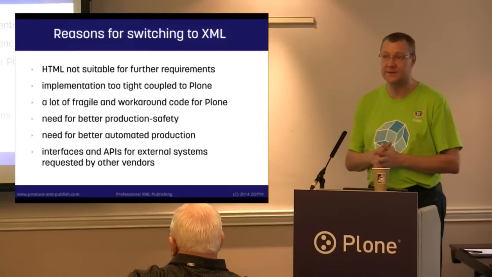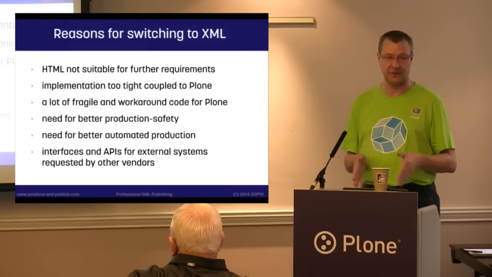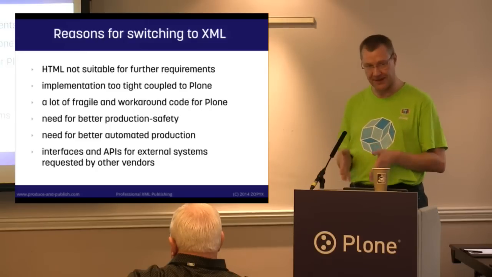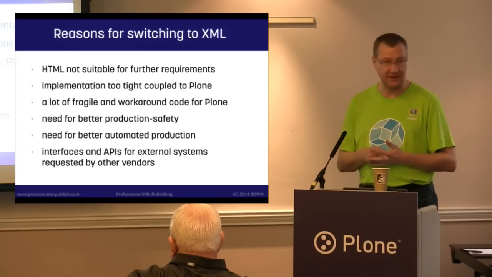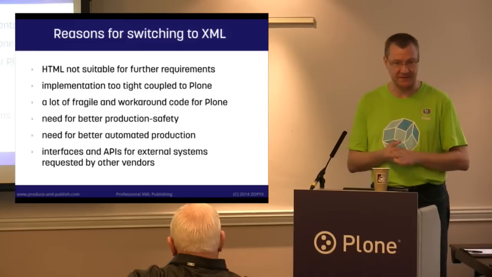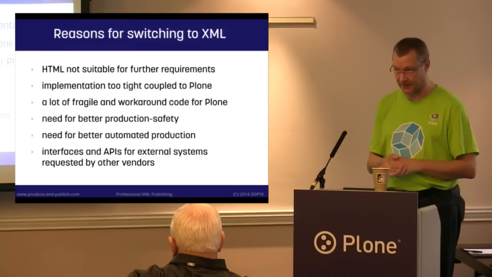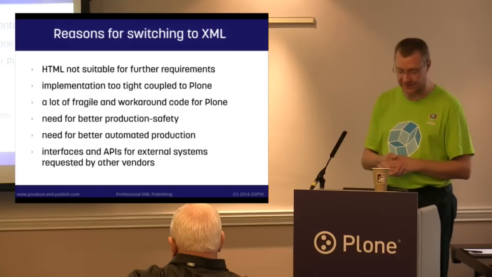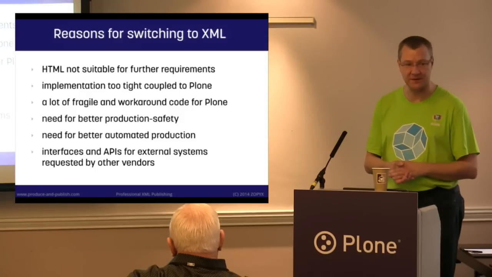But now, for about half a year, we've been in the process of changing this workflow from docx and HTML to XML, because we figured out that HTML as a foundation for doing professional publishing is not usable anymore, for several reasons. We don't have a well-defined structure on the document.